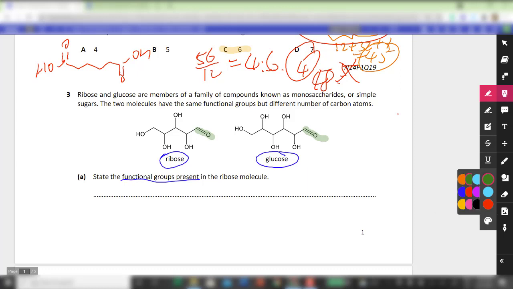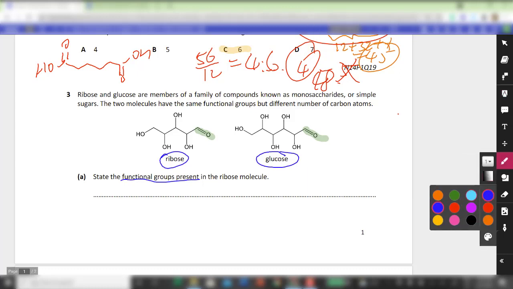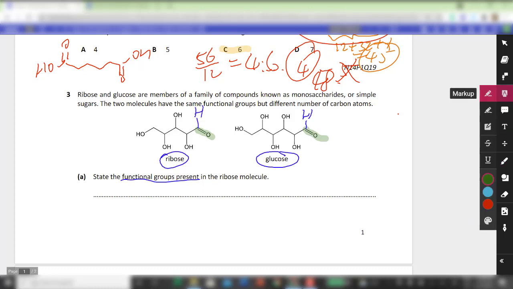Remember earlier I mentioned that if you are unsure, you can always draw out the H to confirm that it's actually an aldehyde group. I don't think I mentioned that in the lecture, but for aldehydes, the difference is that it contains a H instead of other groups.